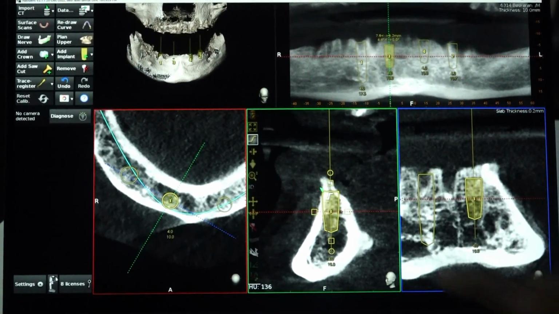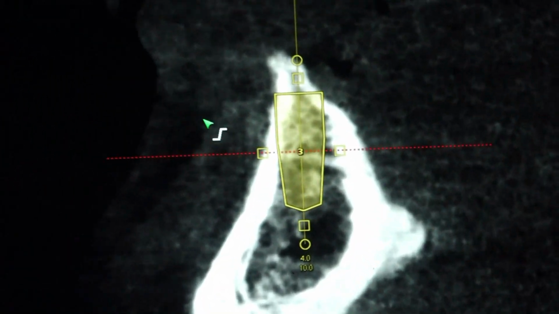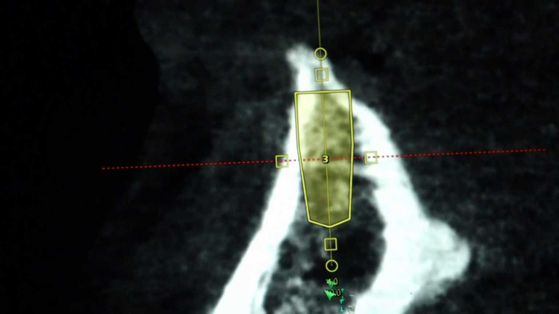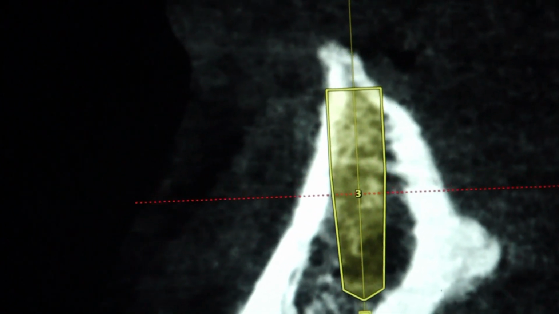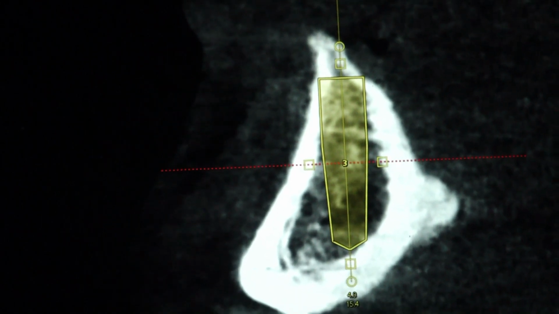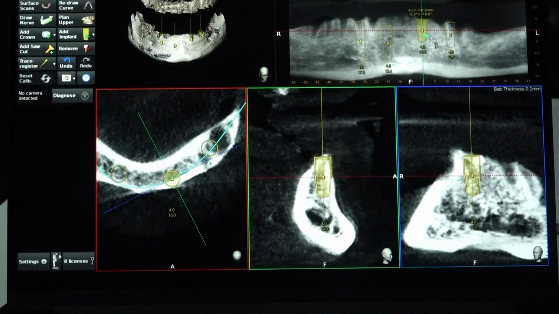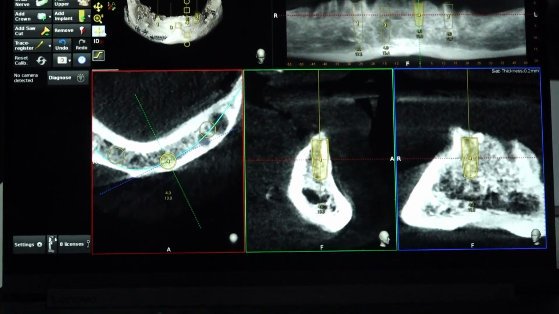So you can see the thin ridge, so that is why alveoloplasty is better. You can place up to a 13 mm implant. Commonly the tilted implant will be around 16, the anterior will be around 16, sometimes it may go to 13 also.